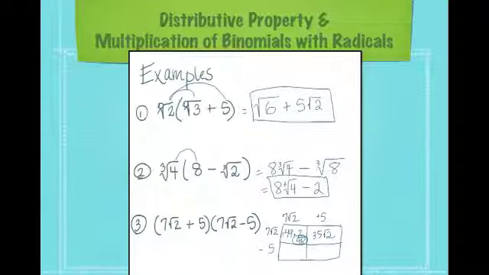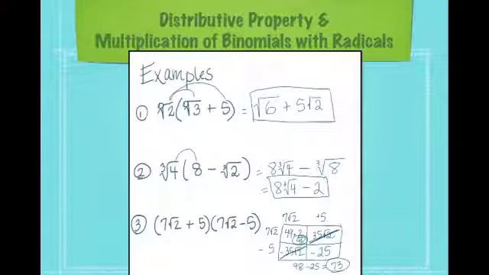When I multiply 7 square root 2 times negative 5, I get negative 35 square root 2. And negative 5 times positive 5 is negative 25. So I notice that negative 35 square root 2 and 35 square root 2 add to 0. And so then I'm just left with 98 minus 25 equals 73.